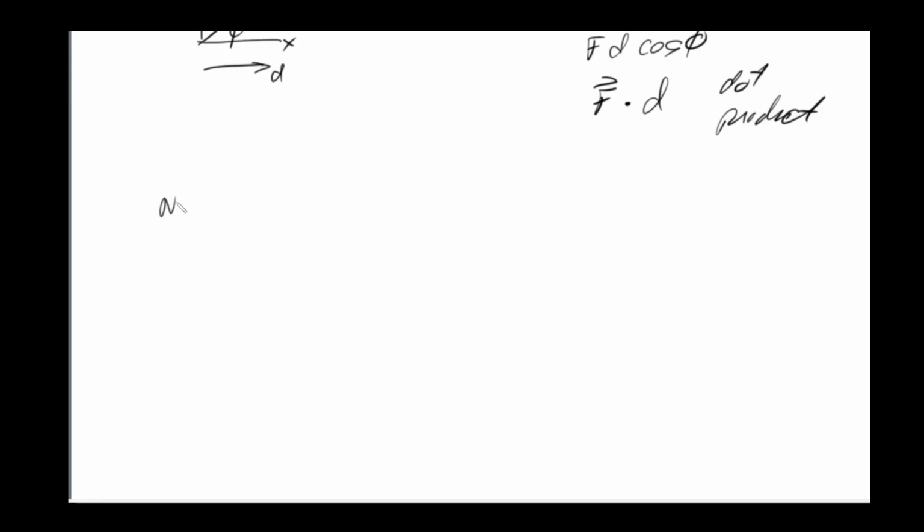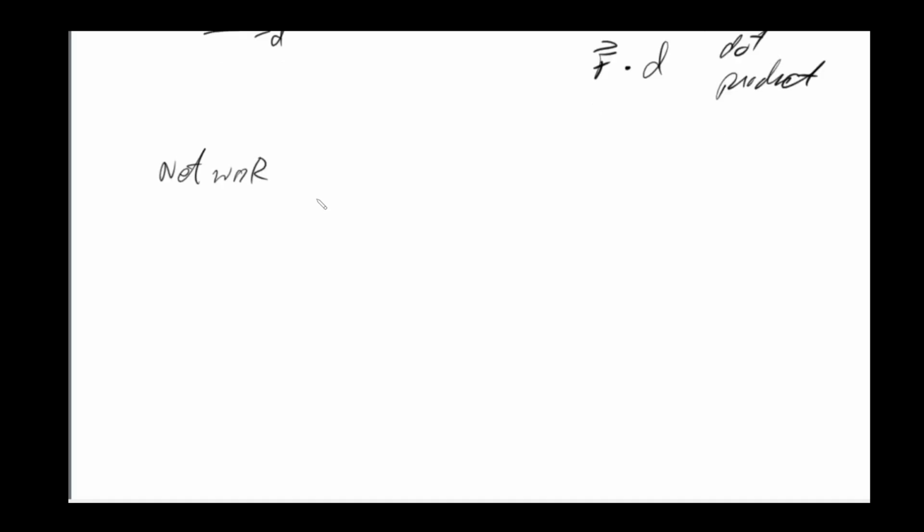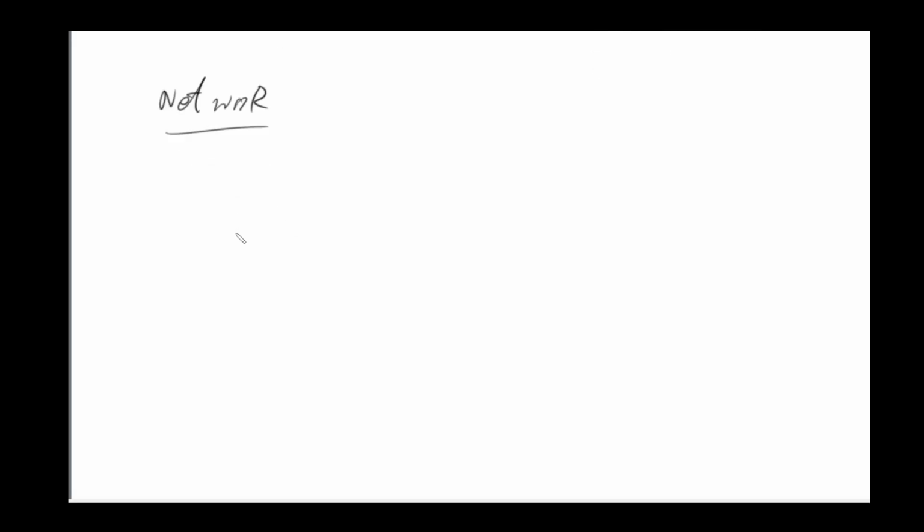The net work is the sum of the work from two or more forces acting on an object. And you can find net work one of two ways.